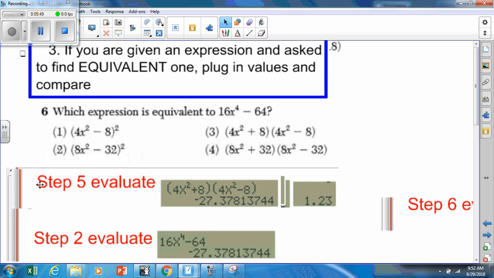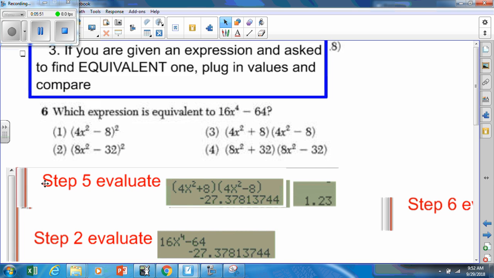So our answer is 16x to the fourth minus 64 is equivalent to 4x squared plus 8 times 4x squared minus 8. This is a foolproof method, team, of being able to deal with problems of this nature. We're going to pause the video now and come back with our last two examples.